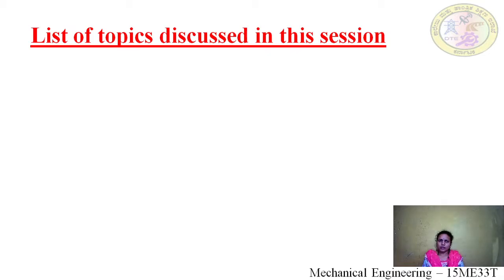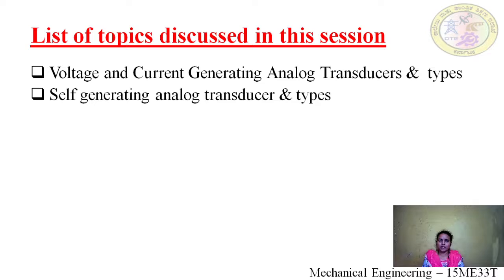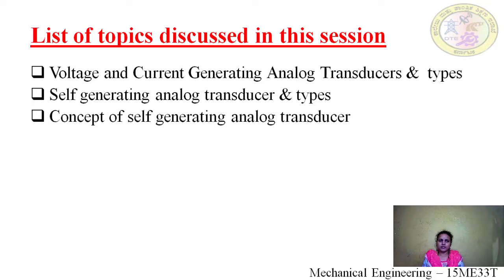Today we'll be seeing some topics in this session. The first thing we are going to see is voltage and current generating analog transducers and its types. Then we are going to see the self-generating analog transducer and its types, and then we are going to learn the concept of the self-generating analog transducer.